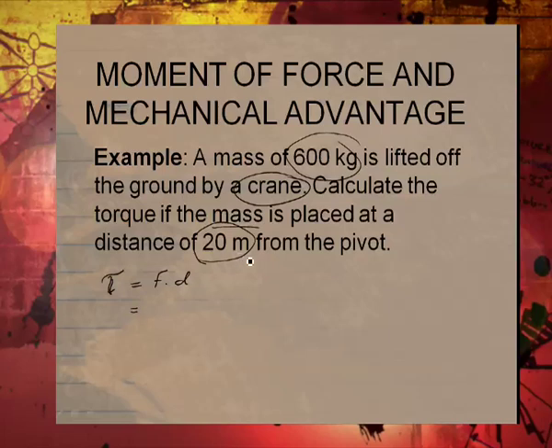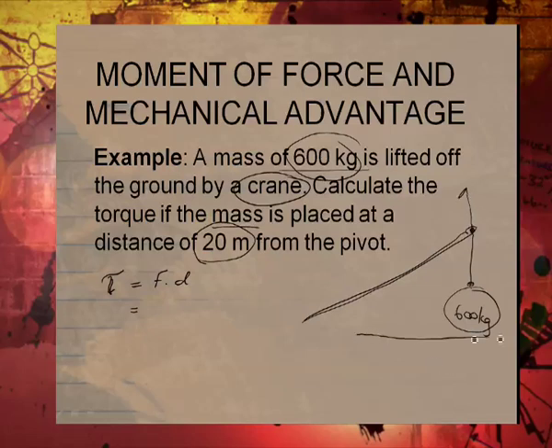That will be equal to the force applied on this mass for it to be lifted upwards. Let me just put the mass here. 600 kilograms is to be lifted upwards by a crane. So the crane connects there and pulls it upwards, so it goes up.